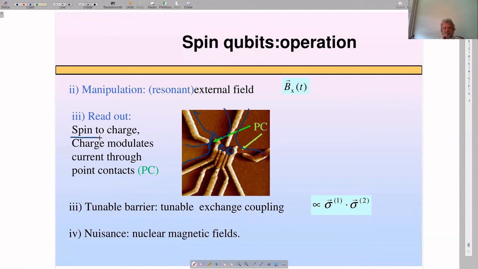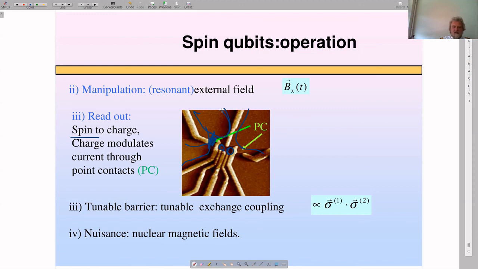You just arrange tunneling rates in such a way that they depend on spin. So, for instance, the electron goes out only if its spin is up. Then you see it as a change of charge, which you can detect with a quantum point contact over here. Good. I guess I explained the basics of spin qubits.